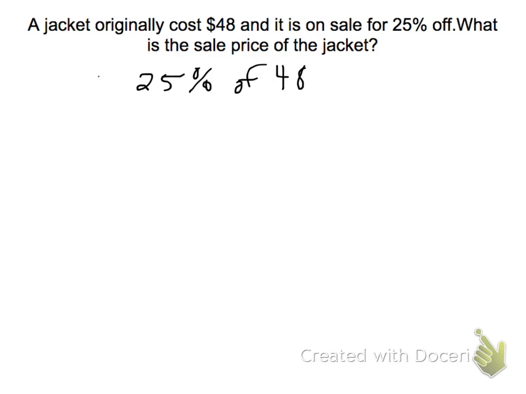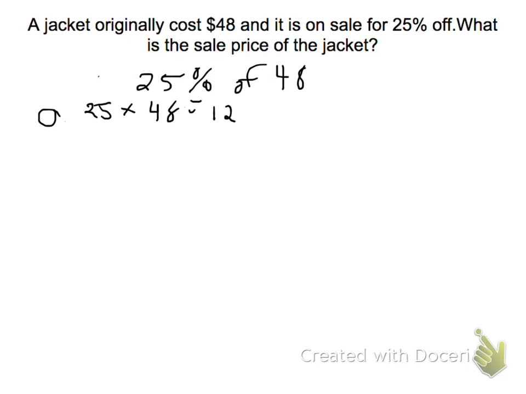So you can choose any of the methods you like to do that. I think one of the faster methods is to convert it into a decimal. So I'm going to multiply 0.25 times 48, or find a quarter of 48. And that's going to give me 12. So that means that 25% of 48 is 12, which makes sense because 12 is a quarter of 48.